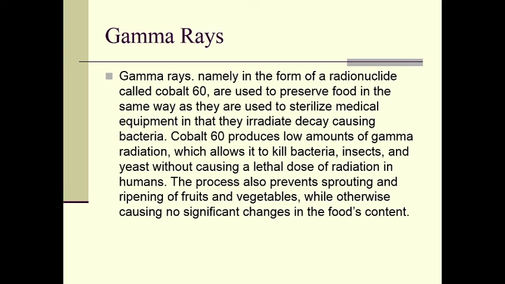The process also prevents sprouting and ripening of fruits and vegetables, while otherwise causing no significant changes in the food's content. Therefore, gamma rays are used to stop or prevent sprouting and ripening in various foods and vegetables like potatoes, onions or mangoes, right?